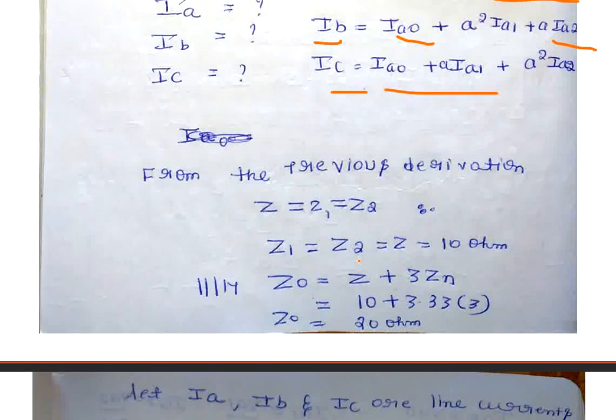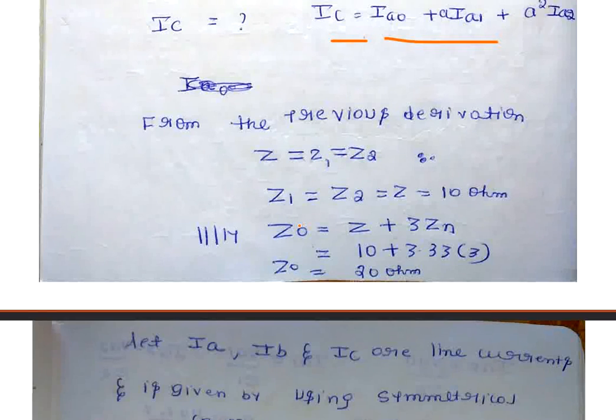Now, from the previous derivation we have seen Z equals Z1 equals Z2, so the positive and negative sequence impedances are the same. But what is my zero sequence impedance? It is Z plus 3Zn.